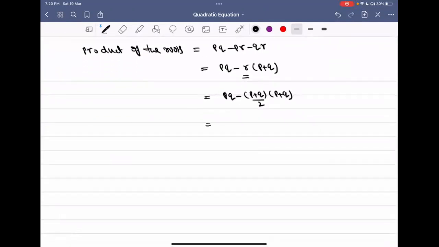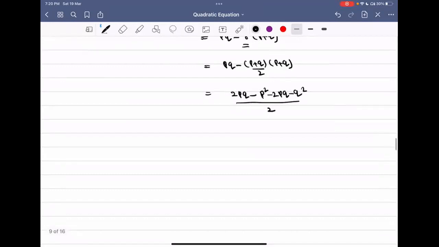So this is equal to 2pq minus of p plus q whole square, that is p square plus 2pq plus q square, over 2. If you open the bracket, then this will be 2pq minus p square minus 2pq minus q square over 2. So if you cancel the 2pq and minus 2pq, then what you get?